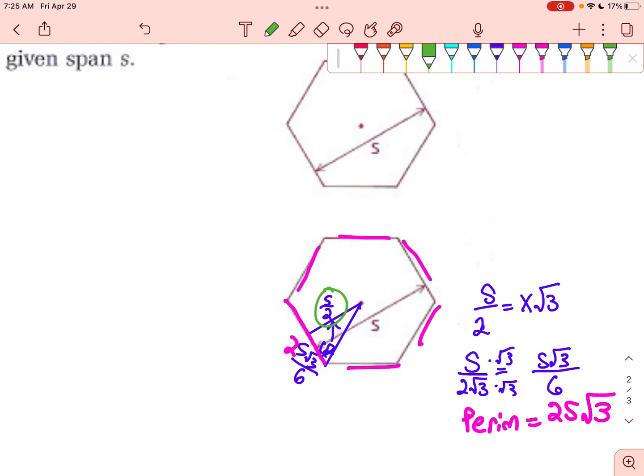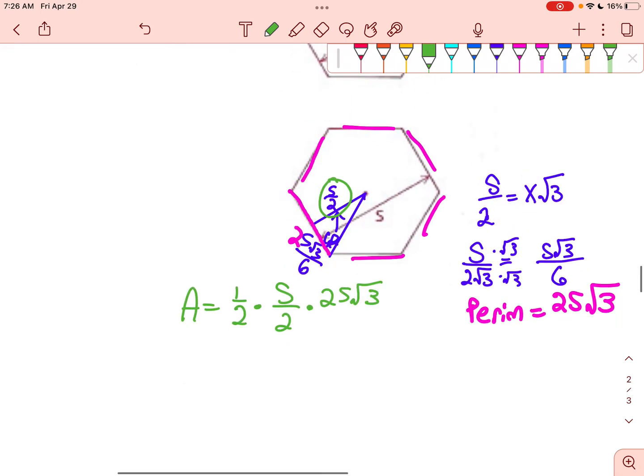So if you went to go find the area of this shape, it would be 1/2 times the apothem, which is S over 2, times your perimeter, which is 2s root 3. So when you go to multiply this, you just multiply straight across the top.